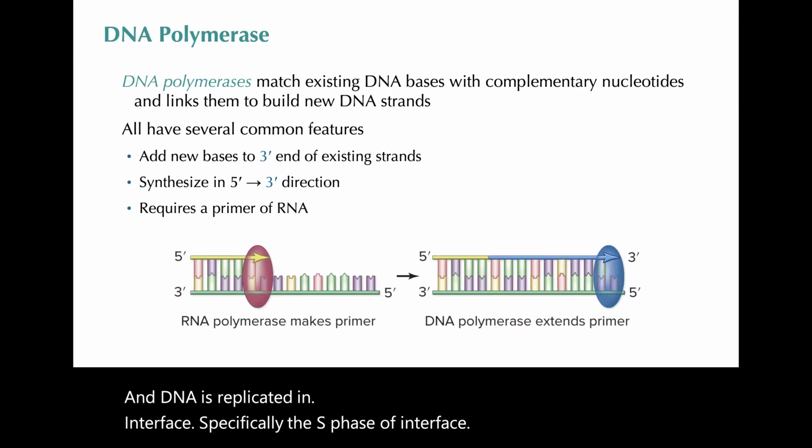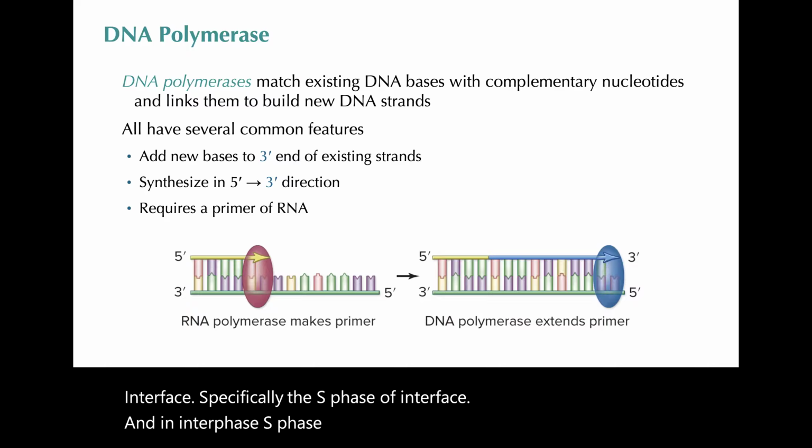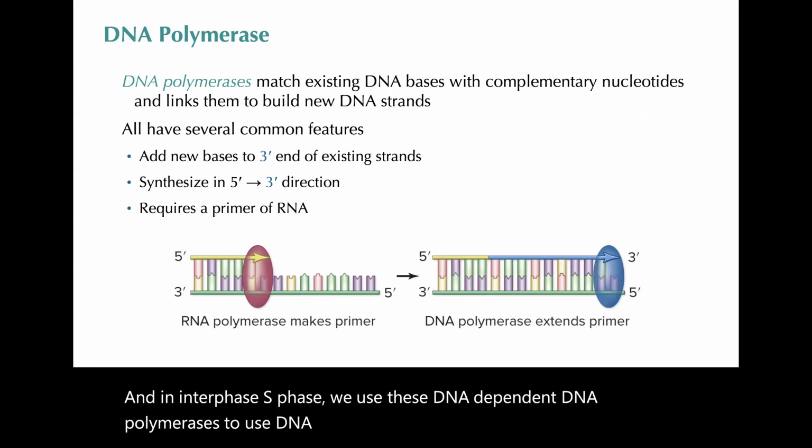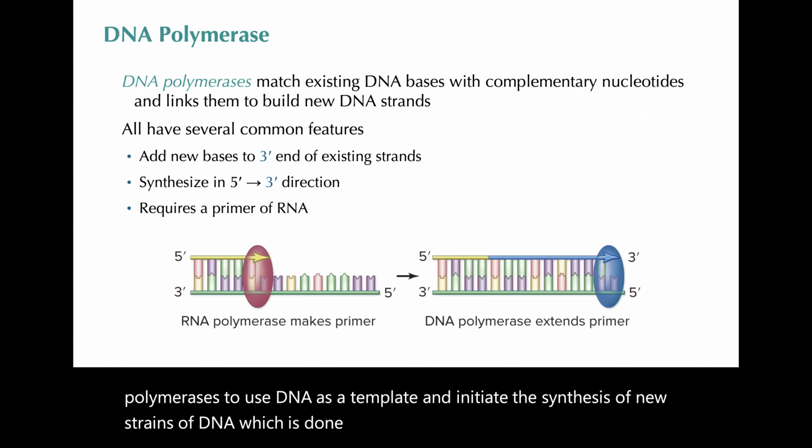And in interphase, S phase, we use these DNA-dependent DNA polymerases to use DNA as a template and initiate the synthesis of new strands of DNA, which is done in a semi-conservative manner.